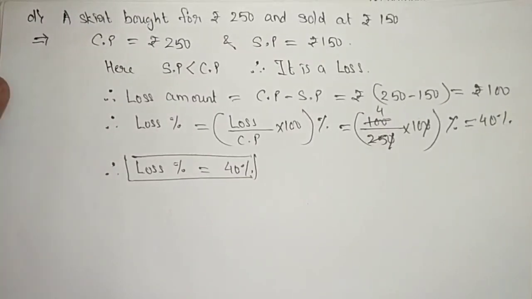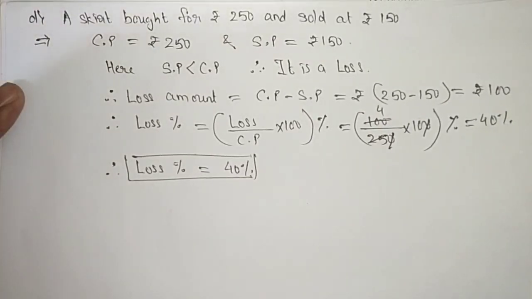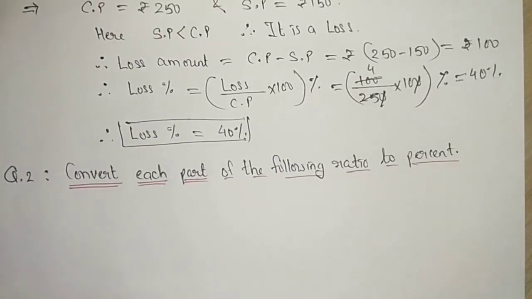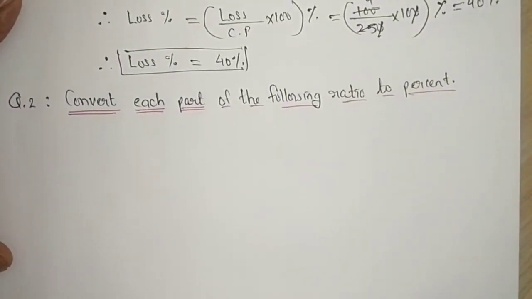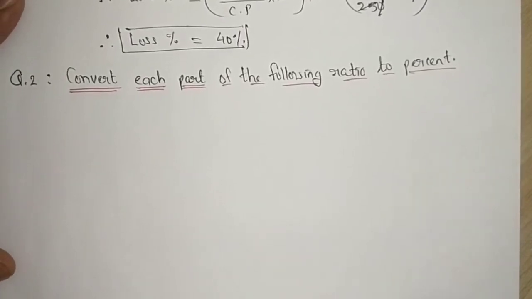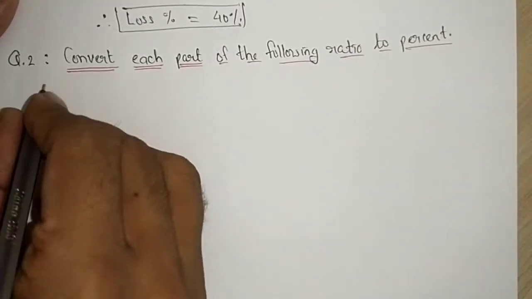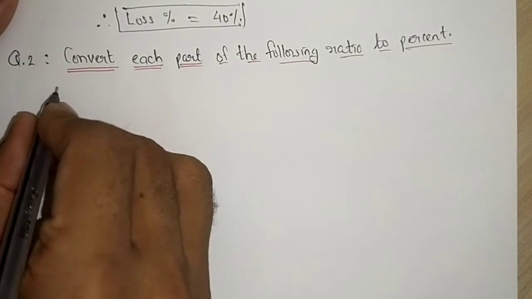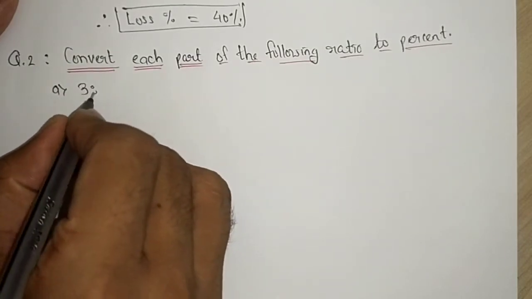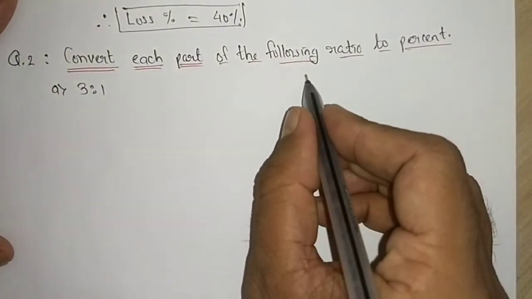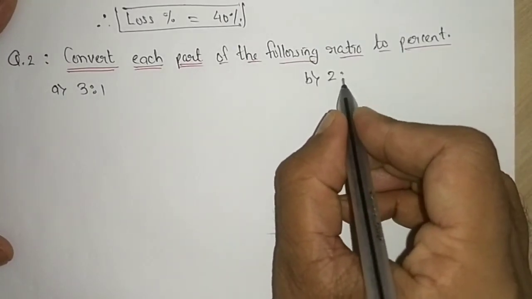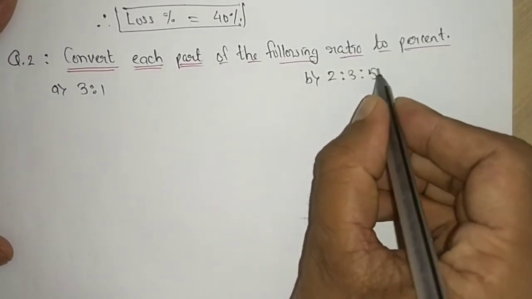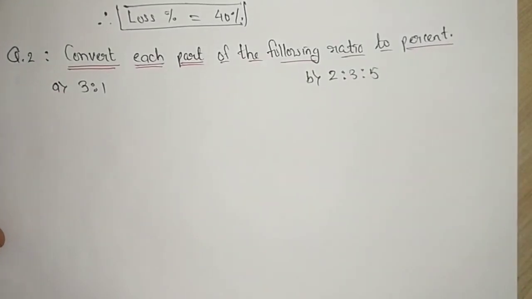Now moving to question number 2. Question number 2 says convert each part of the following ratio to percentage. They have given us the ratio 3:1. Then in part B it is 2:3:5. Students, don't get confused.